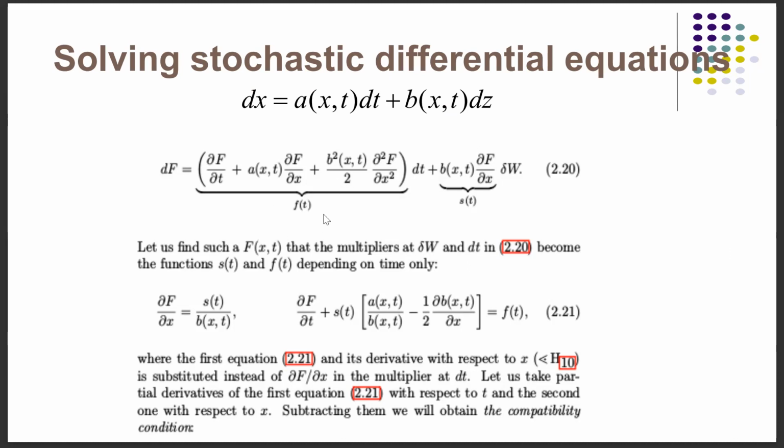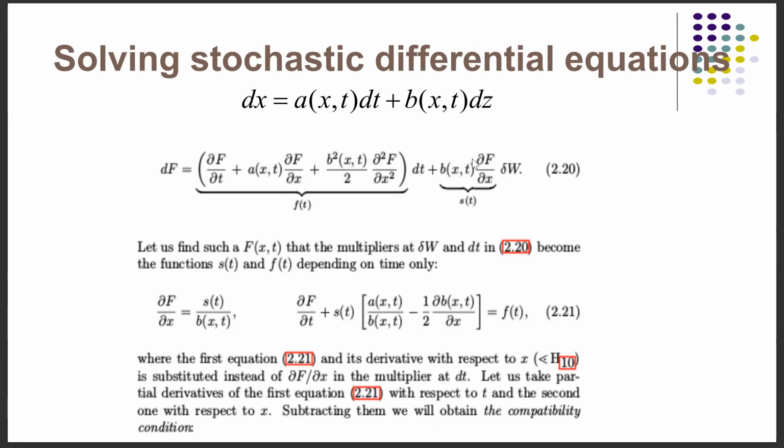the functions before dt and dz will be functions of just t. So this is Ito's lemma for this process, and we would like this coefficient to equal f(t) and this coefficient to equal s(t), so only from t.